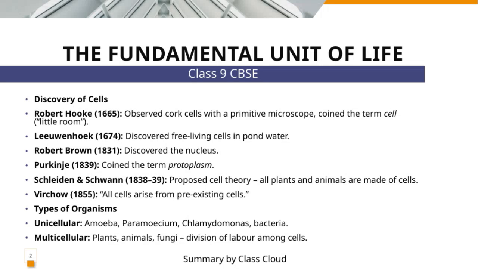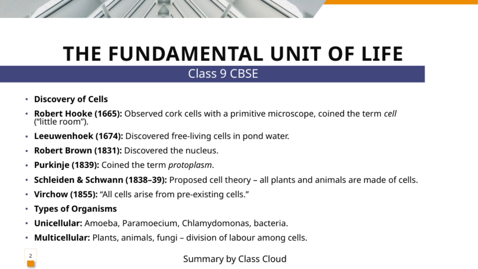Let's take a closer look at how our understanding of cells has developed over time. In 1665, Robert Hooke used a simple microscope to observe cork, and he noticed small, box-like structures which he called cells, meaning little rooms. This was the first time the term was used in a biological context.